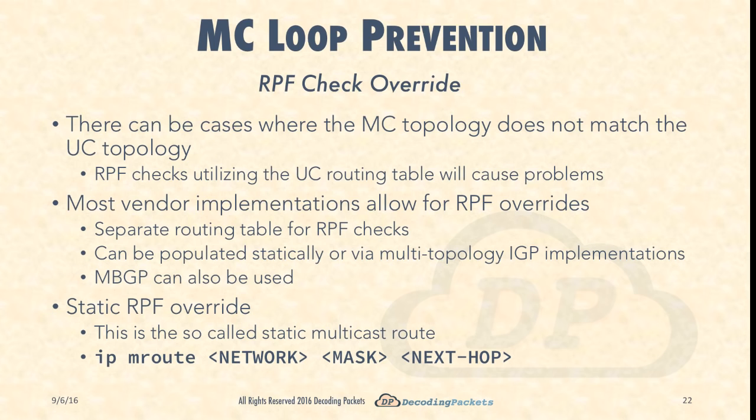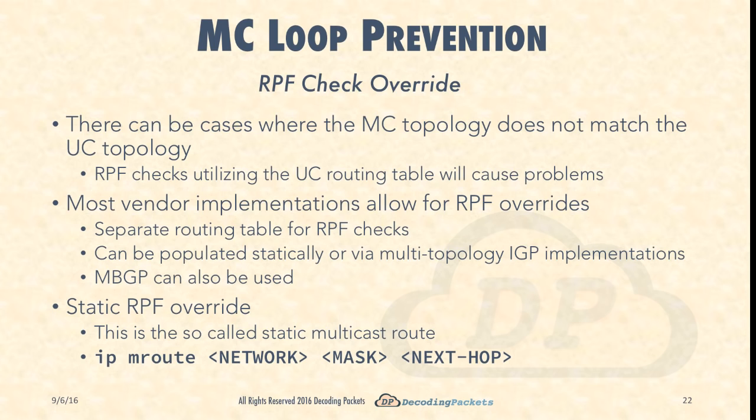Some of the different ways: you can run multi-topology IGP implementations. So you run one IGP database for unicast, and another IGP database with separate metrics, separate routes, separate neighbors for multicast. MBGP, multi-protocol BGP, the multicast implementation of it, can be used, and all you are really exchanging the NLRIs for is the explicit use of the RPF check.